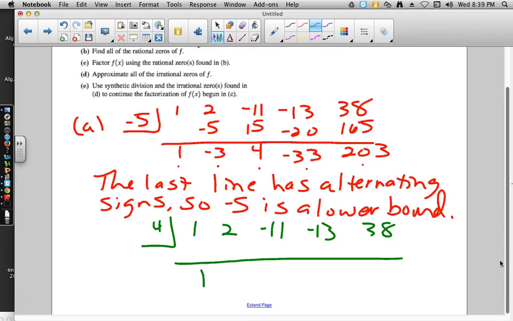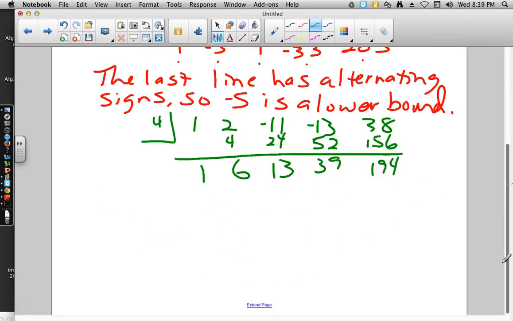Bring down the 1, multiply times 4, you get 4. Inside the box add, and you get 6. Then we have 24, and we add that to -11 and get 13. Multiply that by 4 and get 52. -13 and 52 is 39. 4 times 39 is 156. Add that to 38 and we get 194. The numbers are important just because what they do is they lead us to the signs that we can see here. And we can see that every single one of these is positive.